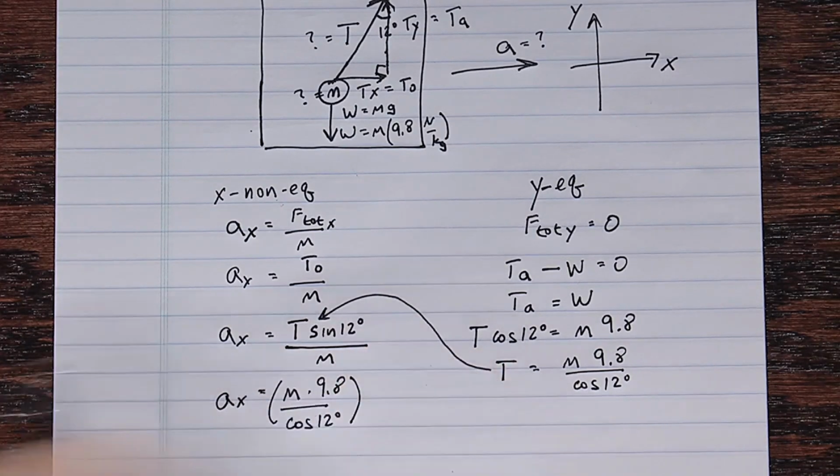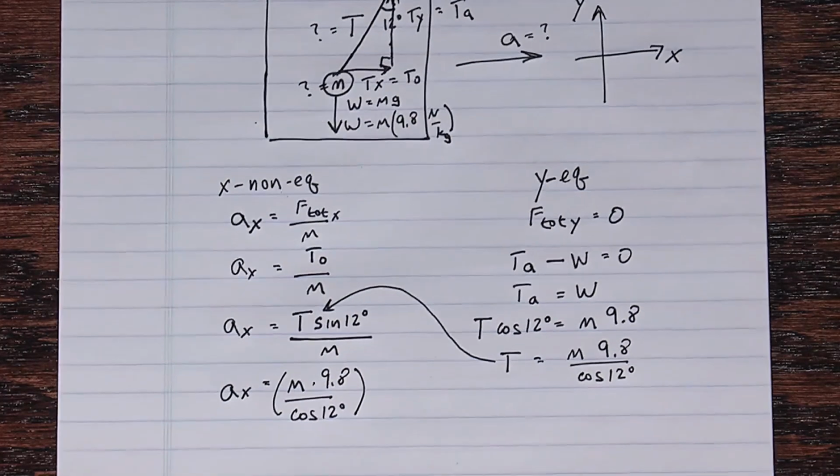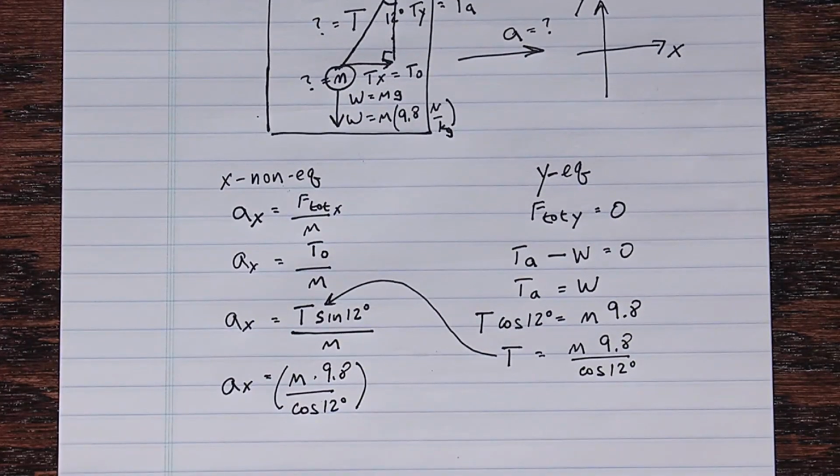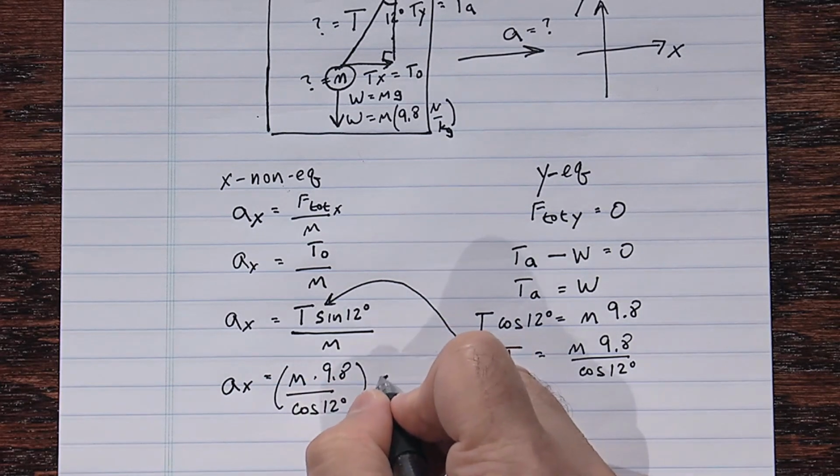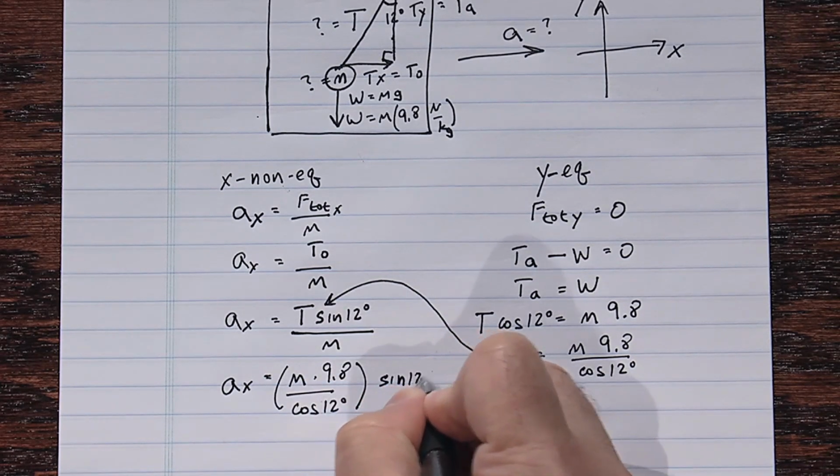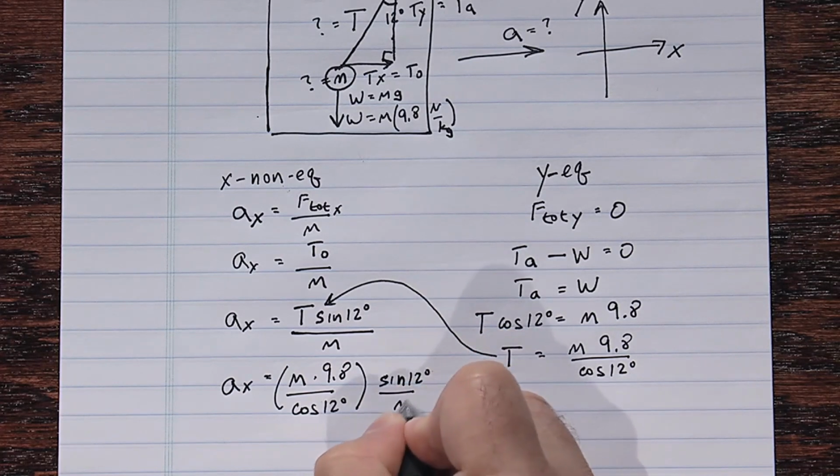That much is just T. We know that T is equal to mass times 9.8 divided by cosine of 12 degrees, so we can write that in the place of T. But now we need to multiply by sine of 12 degrees and divide by mass.